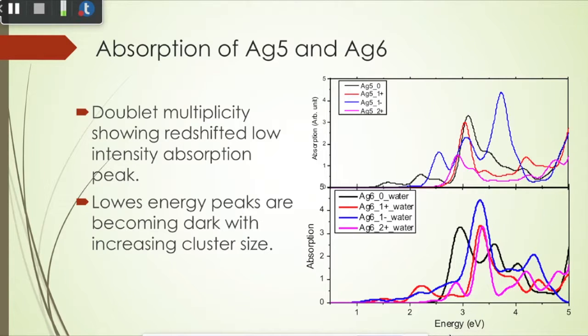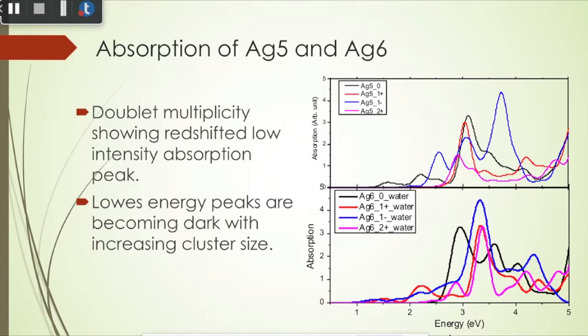Now if we look at the absorption graph, in the doublet multiplicity, like Ag5 neutral and Ag5 1-, there is a very low energy peak, but that low energy peak is diminished in the singlet spin multiplicity.